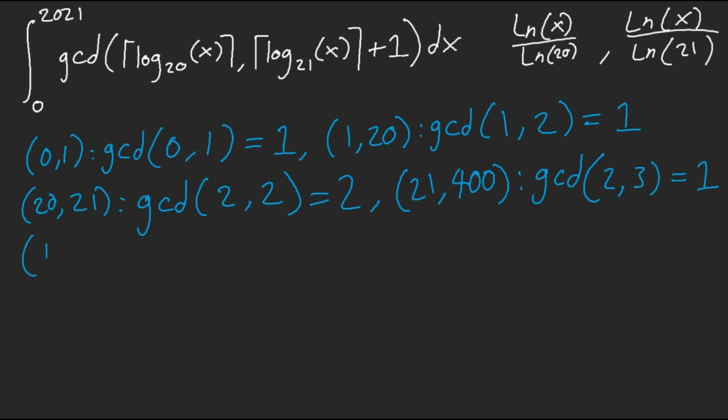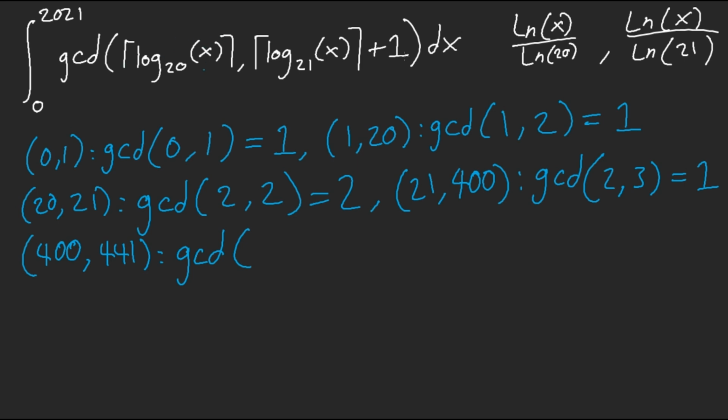Okay. 400. All right, but what's my next bound? 21 square. Okay, what's 21 square? 441. All right. So now here at 400, now I surpassed 400, and so now if any number between 400 and 441, putting it here, I'm gonna get like 2 point something.